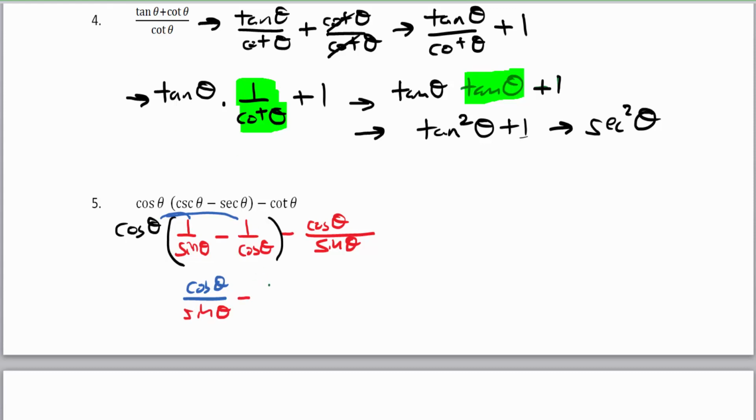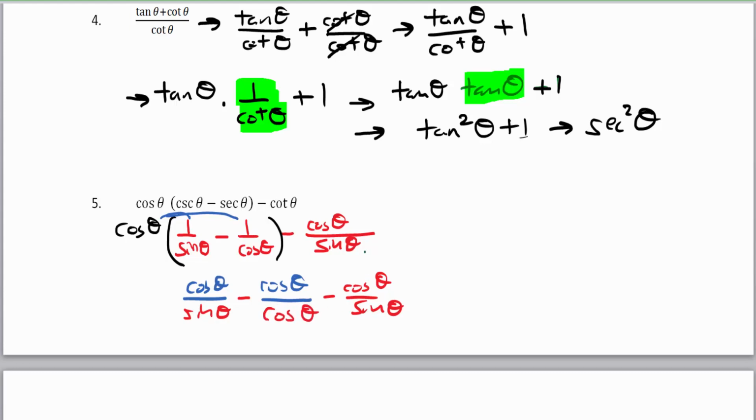and my numerator here is cosine theta, and my denominator here was sine of theta, minus cosine theta sine of theta. Oops, I'm sorry, I made a little mistake here. Let me erase that. This second fraction was cosine theta over cosine theta.